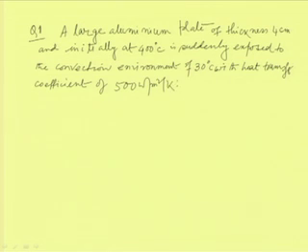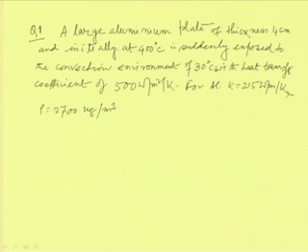Okay. For aluminum, K, the thermal conductivity, is equal to 215 watt per meter per Kelvin, then rho equals 2700 kg per meter cube, and Cp equals 900 joule per kg per Kelvin. Okay.